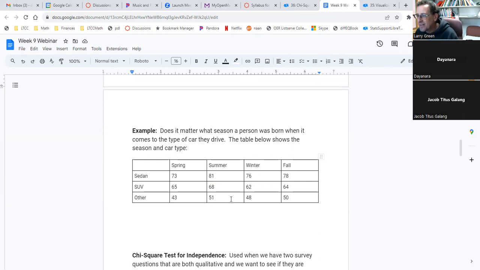If you don't know, let me tell you, you're going to ask two questions. The first question will be, what season were you born in? Spring, summer, winter, or fall? And the second question will be, what kind of car do you drive? Sedan, SUV, or other? Is that clear? Both of those questions are qualitative, and they're not yes, no.